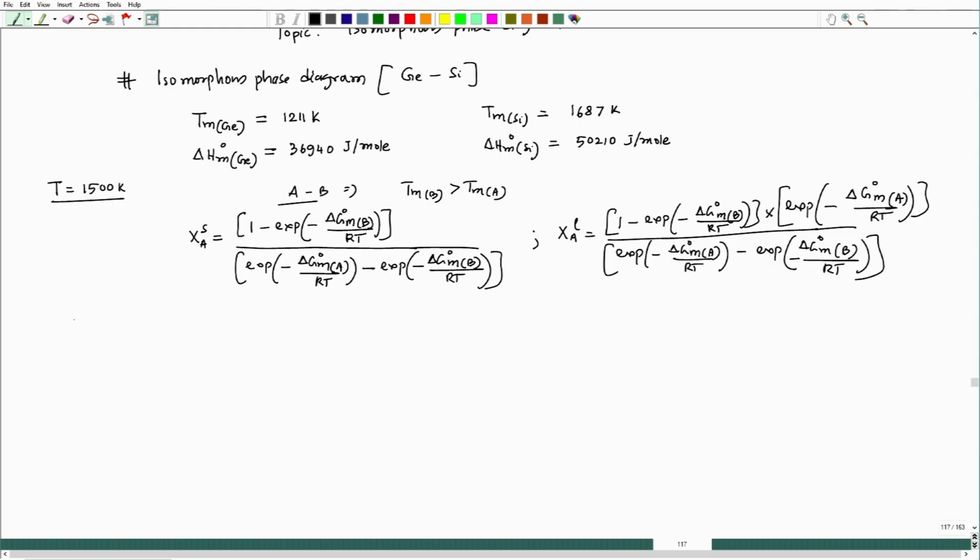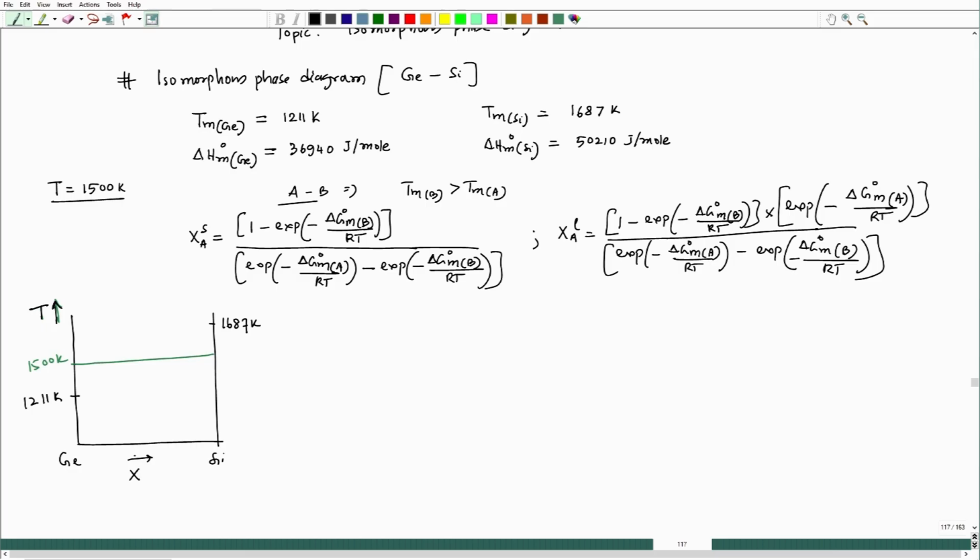So, if I try to draw the phase diagram, let us say this is the silicon side and this is the germanium side. This is 1687 Kelvin, this side is 1211 Kelvin, this is 1500 Kelvin, and this axis is temperature.